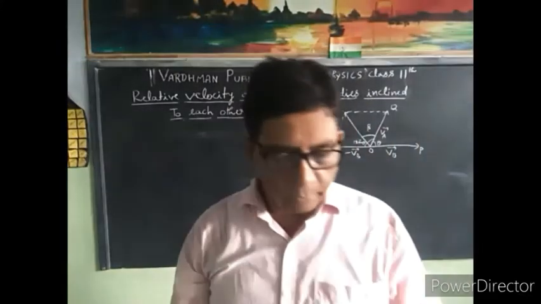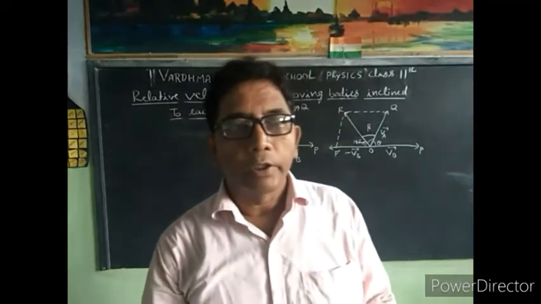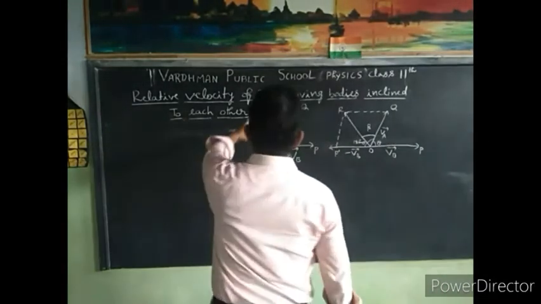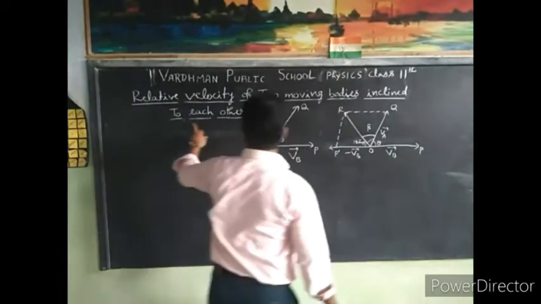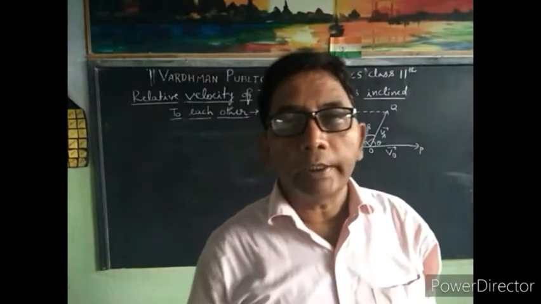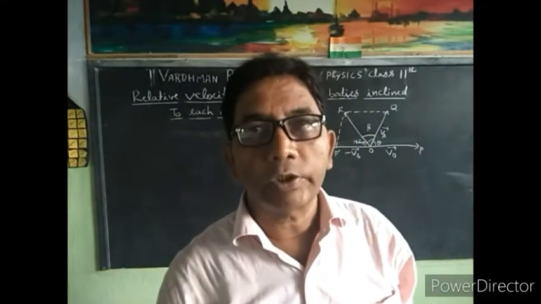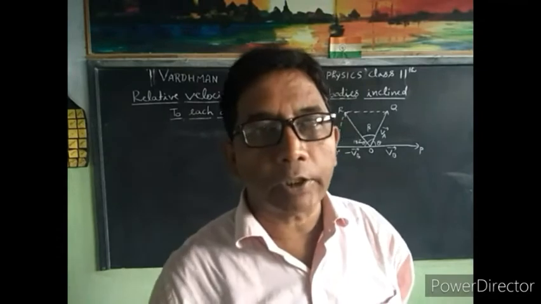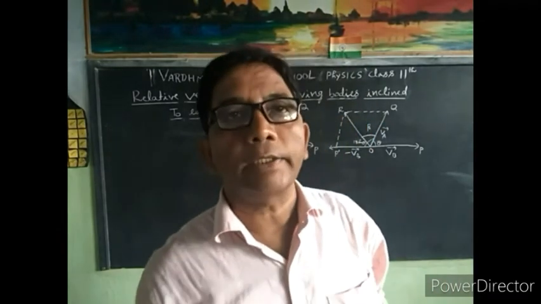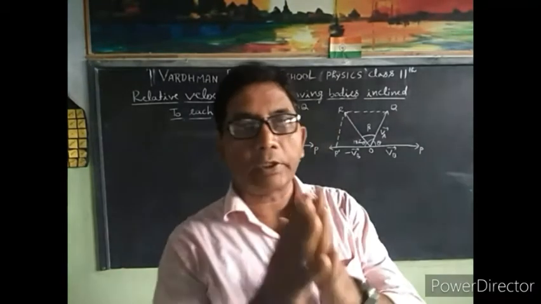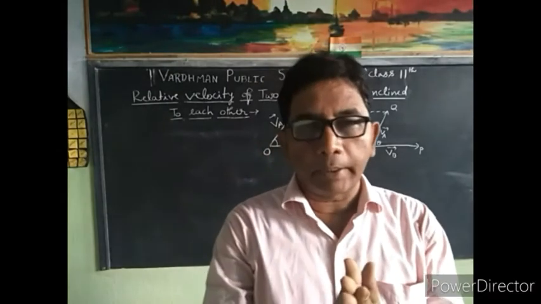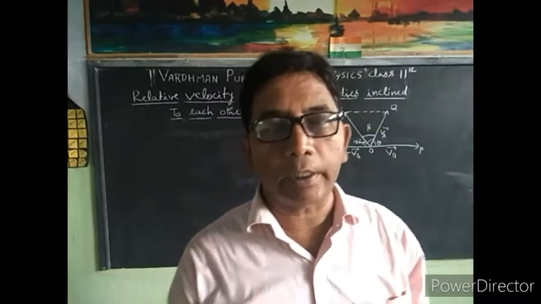Hello students, we will discuss a new topic, relative velocity of two moving bodies inclined with each other. Consider two bodies moving with velocities Va and Vb making an angle theta with each other.